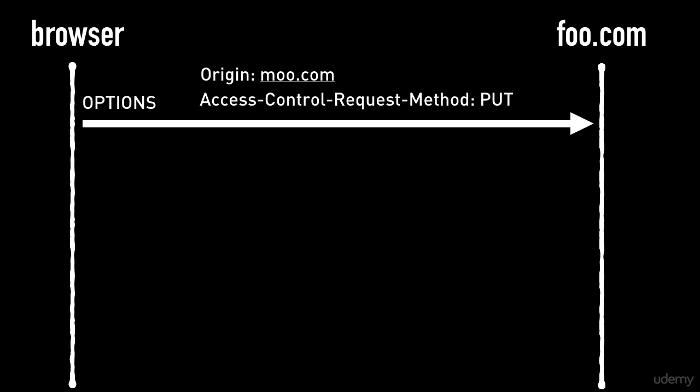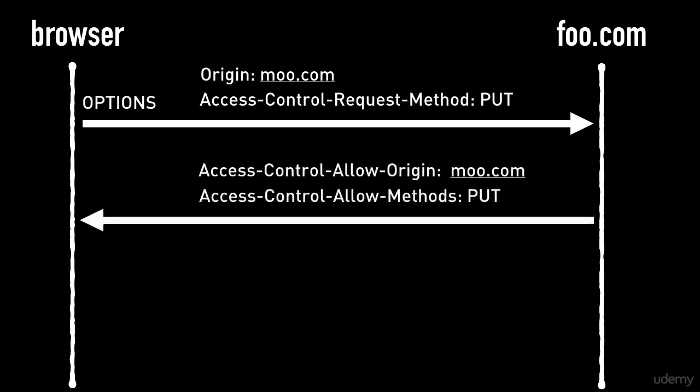And what the browser is basically doing is asking foo.com, hey, look, I want to send a PUT. This is the kind of data I'm going to send when I send you my PUT. Is this allowed? Is this okay? And so foo.com does whatever processing it needs to do, and then it issues a response.